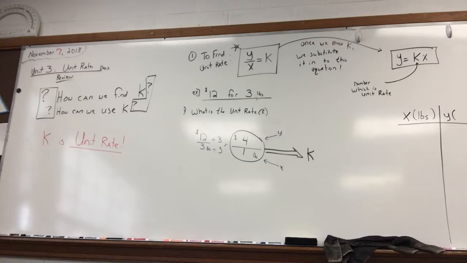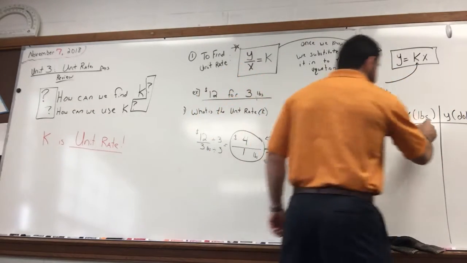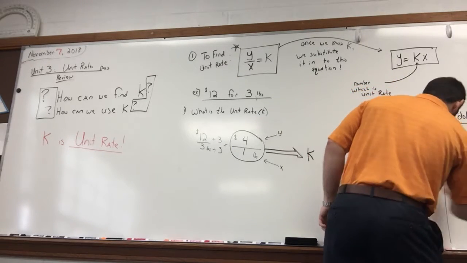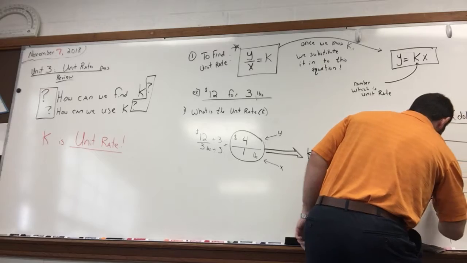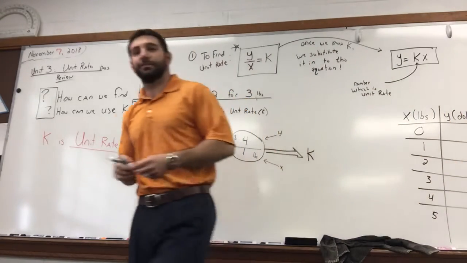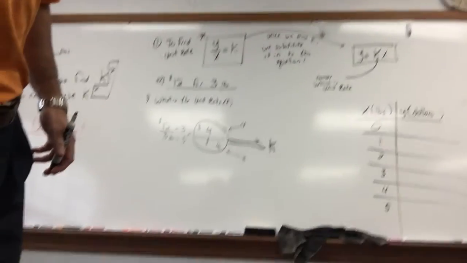Money, or dollars. And then I gave you this. We said 0, 1, 2, 3, 4, and we might have had 5. I don't know, but we're going to do all 5.